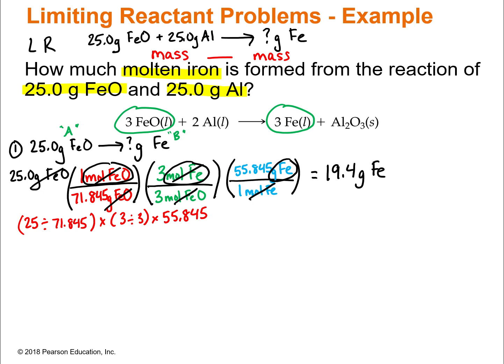So for the first problem, if we had 25 grams of iron 2 oxide, we would make 19.4 grams of molten iron.